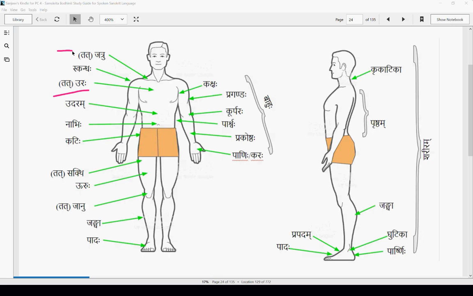So that's why tat is given in the parenthesis here, to indicate it is a napumsakalinga word. For example, here tat sakthi, there is no visarga, and janu, these are all napumsakalinga words. So by this you can make out the lingams of different words showing the parts of the body.